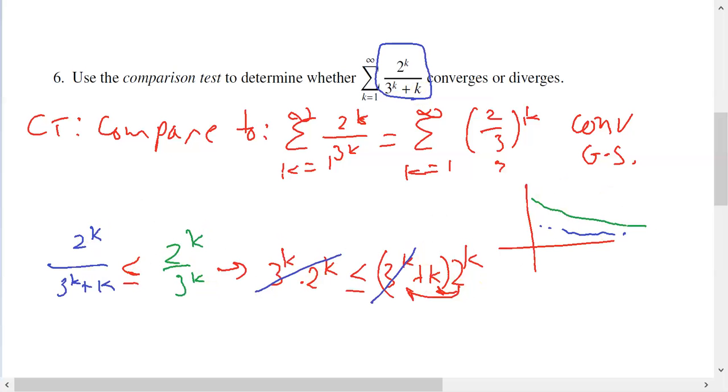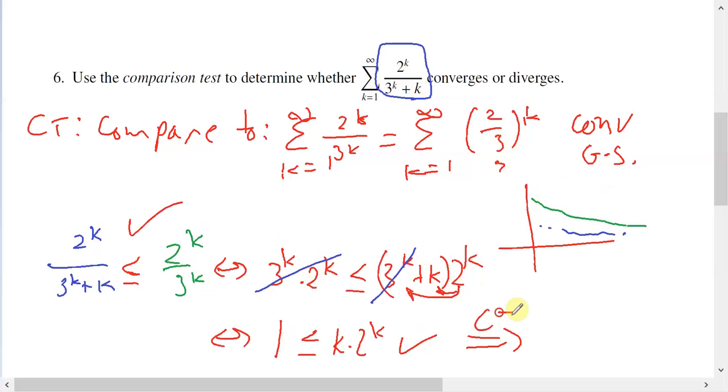And so what I end up with from this is 1 on this side, k times 2 to the k, which is certainly a true statement. And these are reversible based on the k's that we're using. And so this one is true. So my blue graph here, my original series, is smaller than this convergent series. So the comparison test does imply that my original series converges.